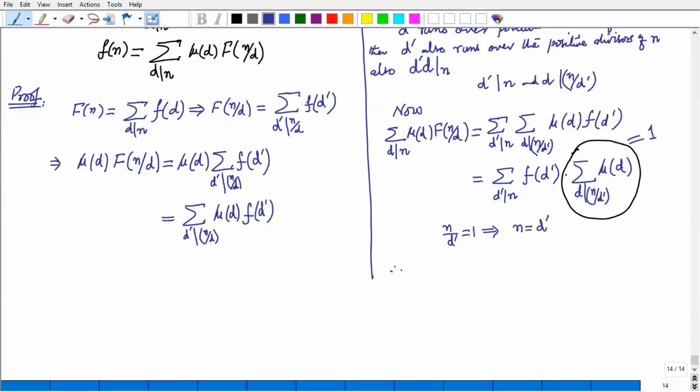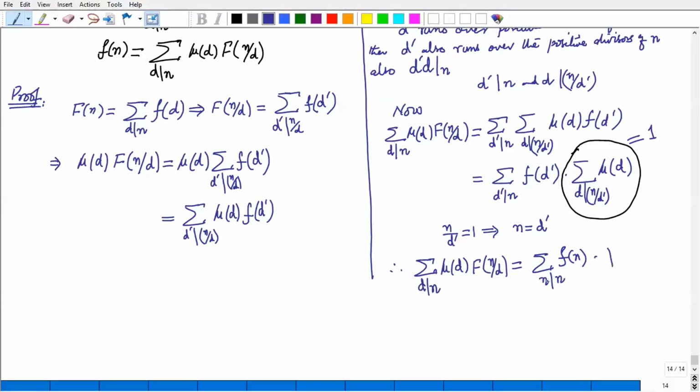So the sum over d dividing n of mu d f n by d is equal to f n times 1.